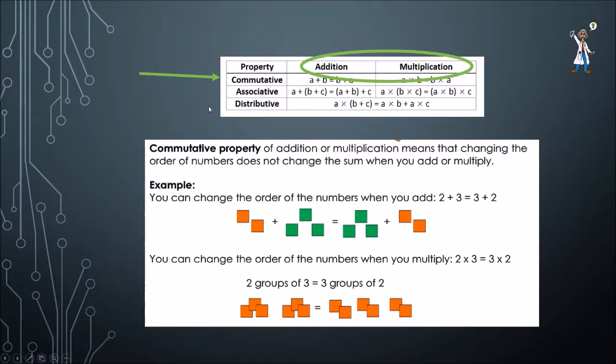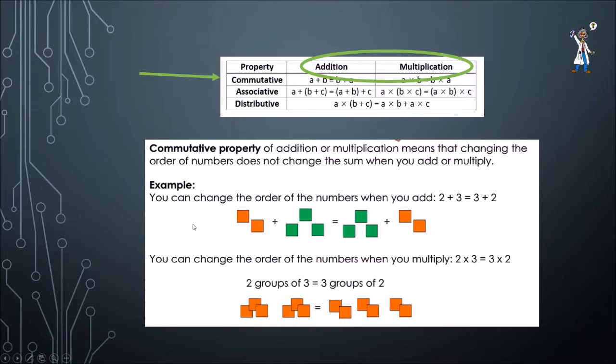Which means if I have two orange blocks and three green blocks, I would switch it around and say, no, I'm first going to give you the 3 blocks and then the 2 orange blocks. You're still going to end up with 5 blocks. So you can travel backwards and forwards. 2 plus 3 or 3 plus 2 will always be 5.